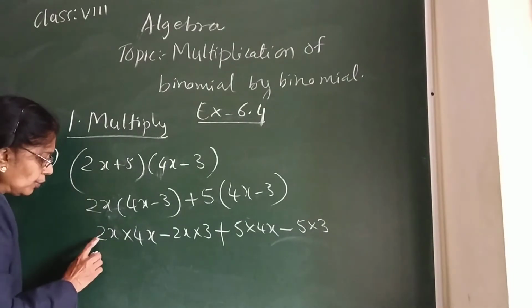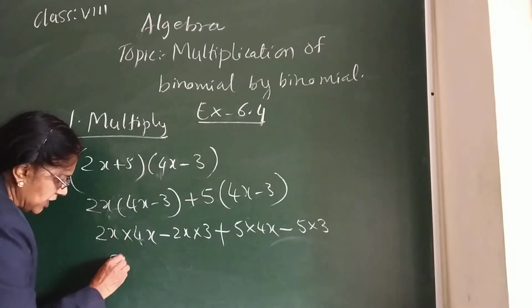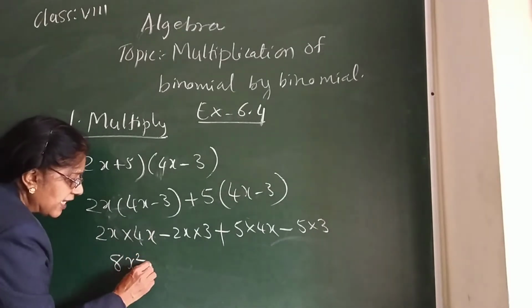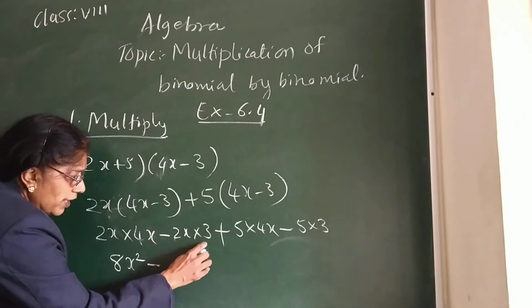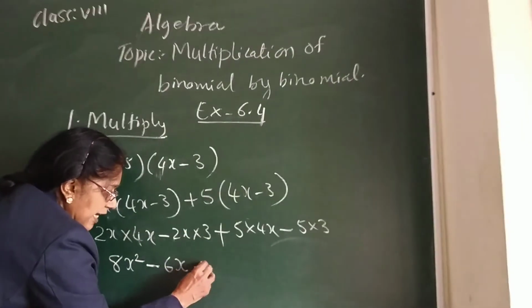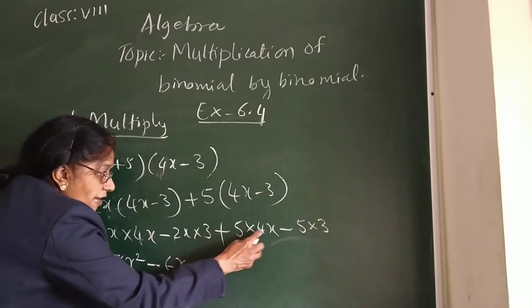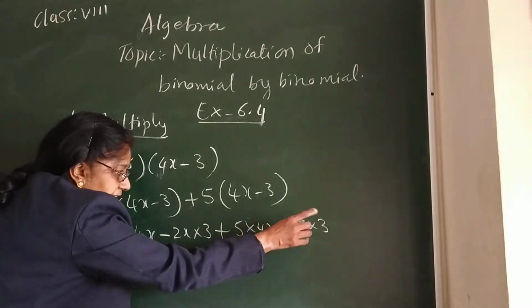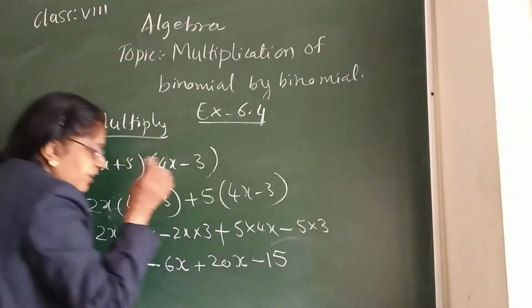Take the constant, 2 4s are 8, x into x, x square. What sign is that? Minus. Constant 2 into 3, 6, x will remain as it is. Again what sign? Plus. Constant 5 4s are 20, x. Minus 5 3s are 15.